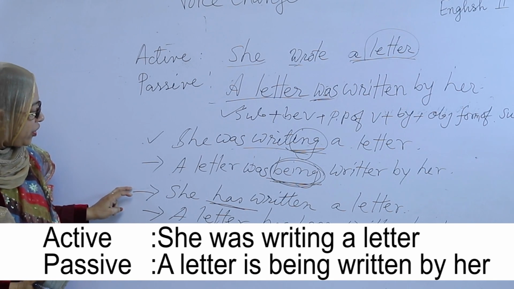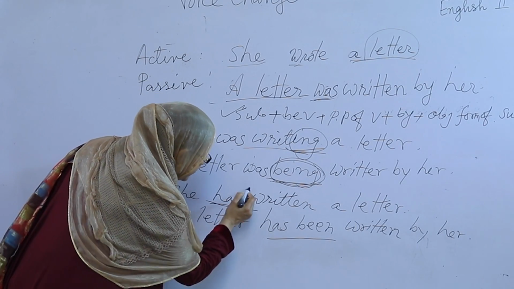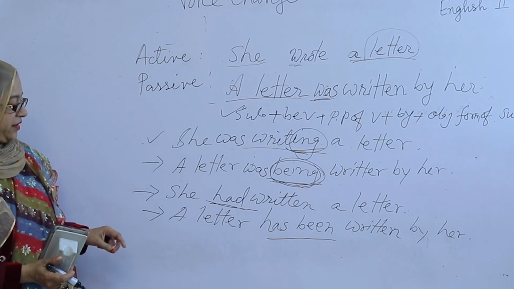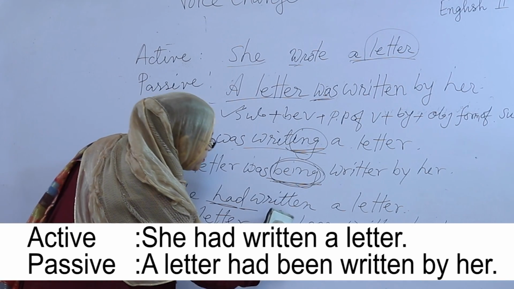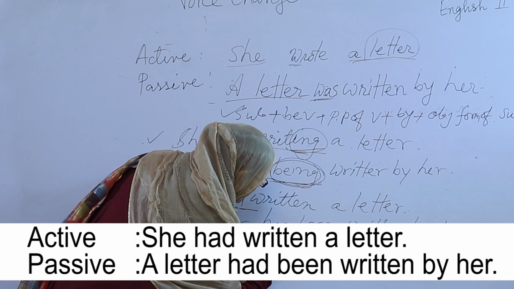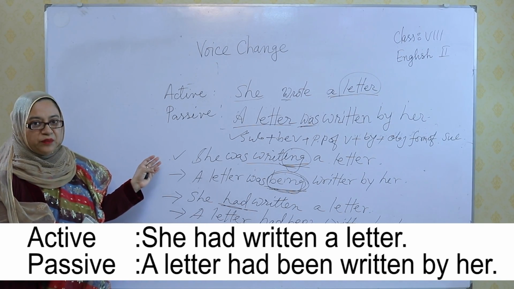And then the perfect form, past perfect form, she had written a letter. When we turn it into passive, we only change a letter had been. So it is easy, very easy if you concentrate on it.